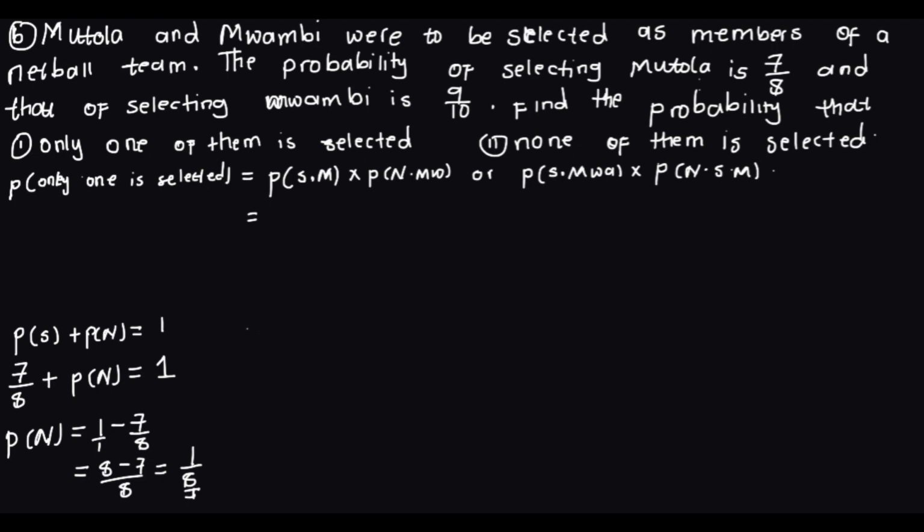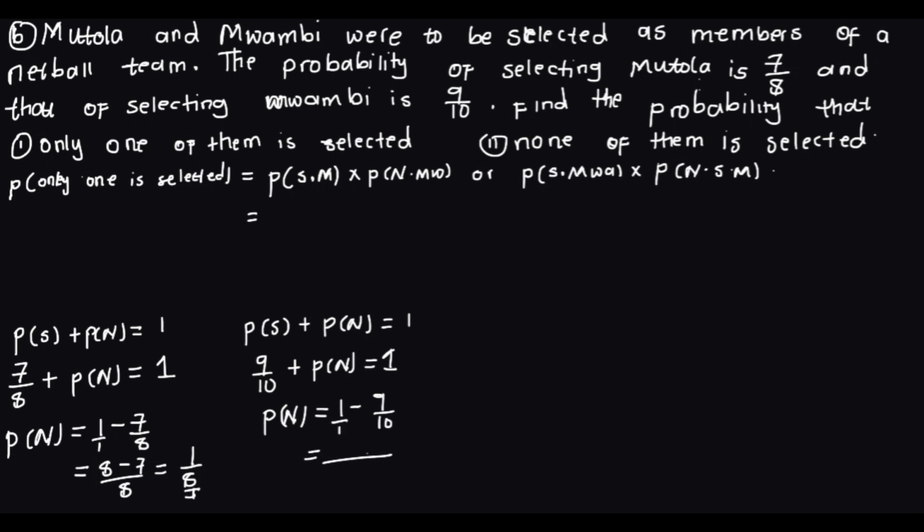Let's also find the probability of selecting plus the probability of not selecting Mwambi. So the probability of selecting Mwambi is 9 over 10 plus the probability of not selecting Mwambi is what we are solving for. The similar step, we need to shift our 9 over 10 to the other side, giving us the probability of not selecting is equal to 1 minus 9 over 10 over 1.